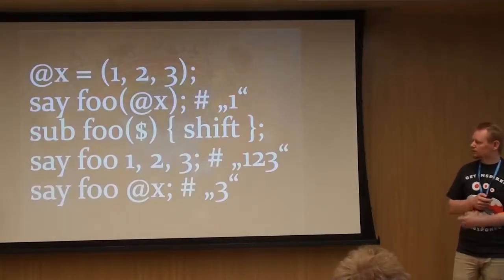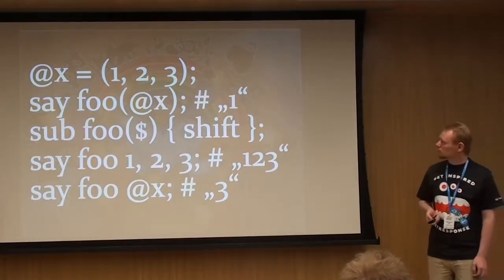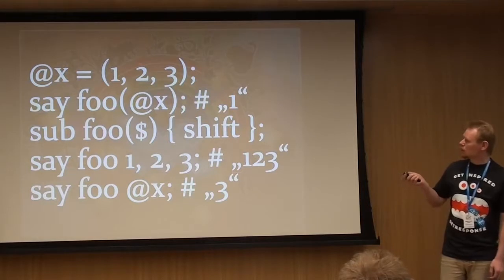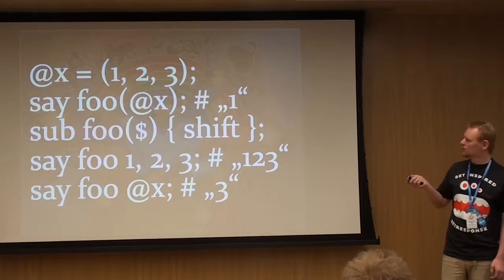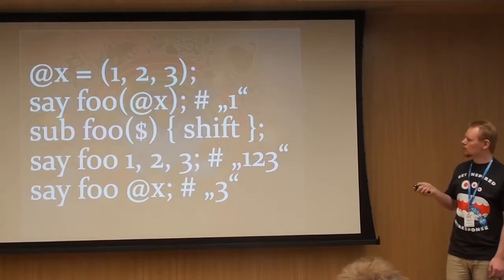For example, this is Perl 5 code. We just shoved some values into an array. We call a subroutine that's not declared yet. So this subroutine, by default in Perl 5, takes a slurpy array and slurps all values.